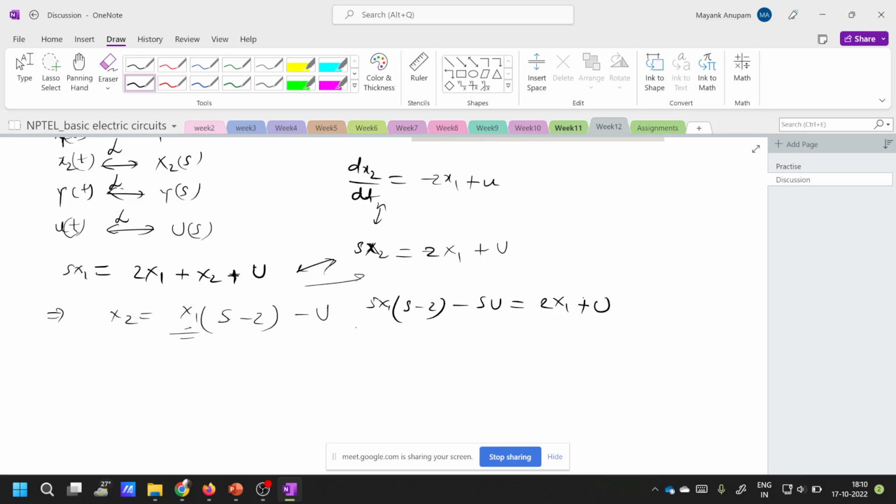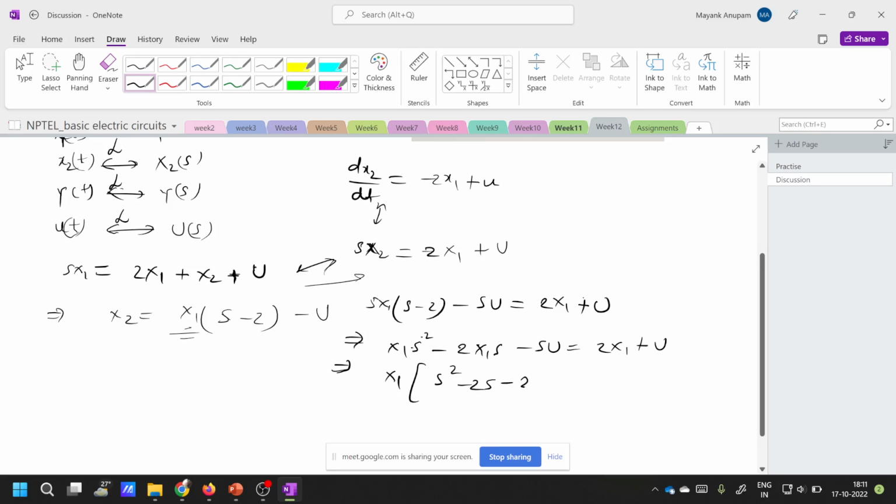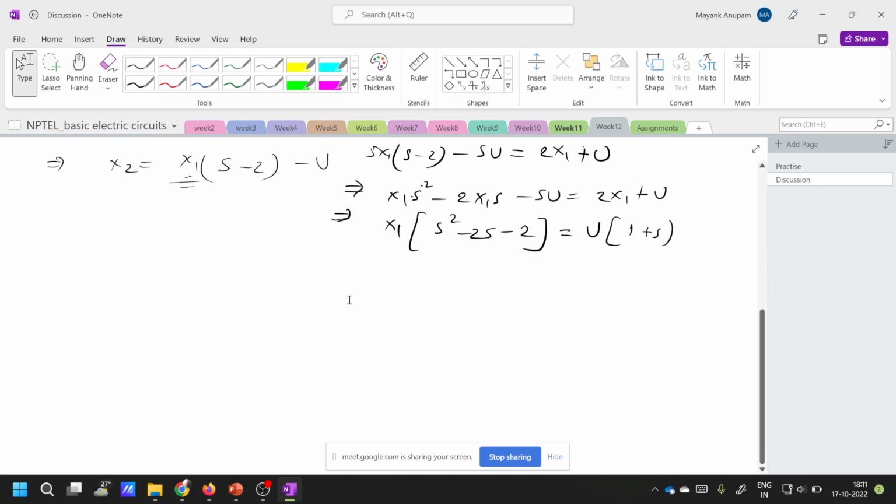So this gives what? x1 times s square minus 2x1 s minus s u is equal to 2x1 plus u, right? From this I take x1 common, so x1 times s square minus 2s minus 2 is equal to u common, this becomes 1 plus s, right?